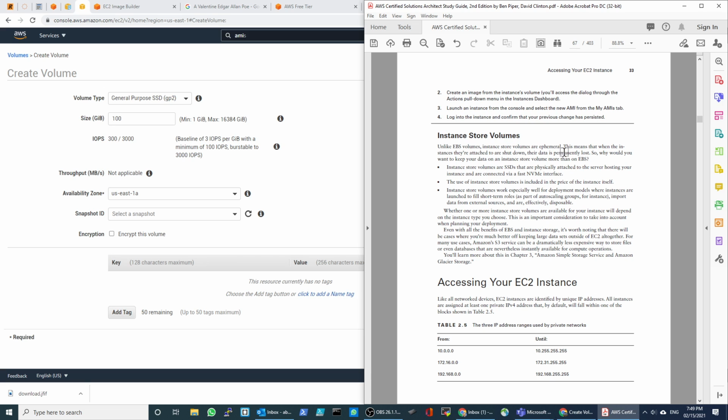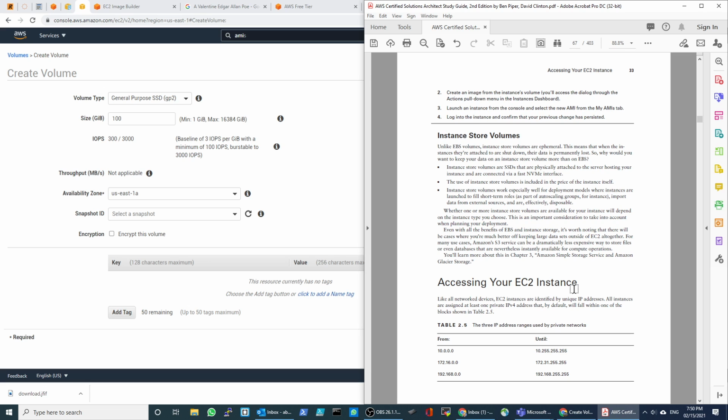Instance store volumes. There are different volumes. Instance store volumes are SSDs that are physically attached to the server hosting your instance, or connected via a fast NVMe interface. Take a look at the different ones. And then accessing your EC2 instances, how you access the instance.